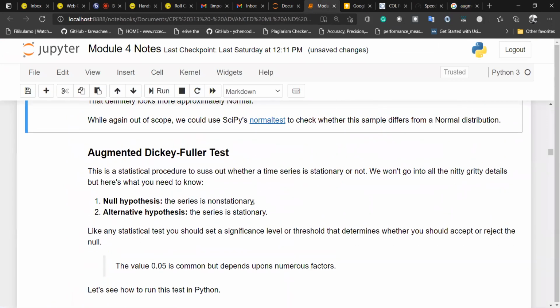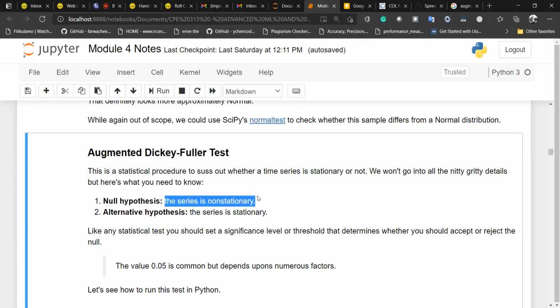So this is a procedure to suss out, suss means to find out, whether a time series is stationary or not. Stationary means it doesn't do anything. We won't go into all the nitty-gritty details, but here's what you need to know. When we say null hypothesis, that means the series is non-stationary.